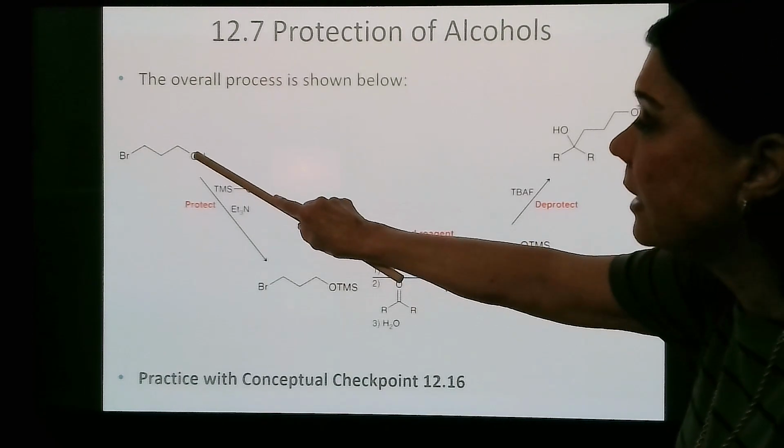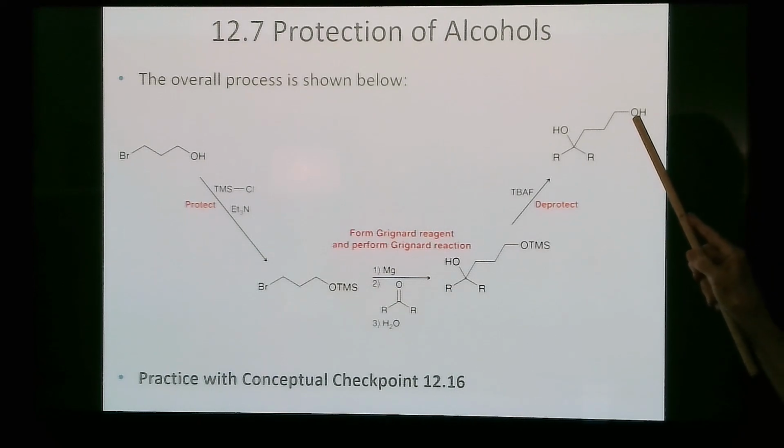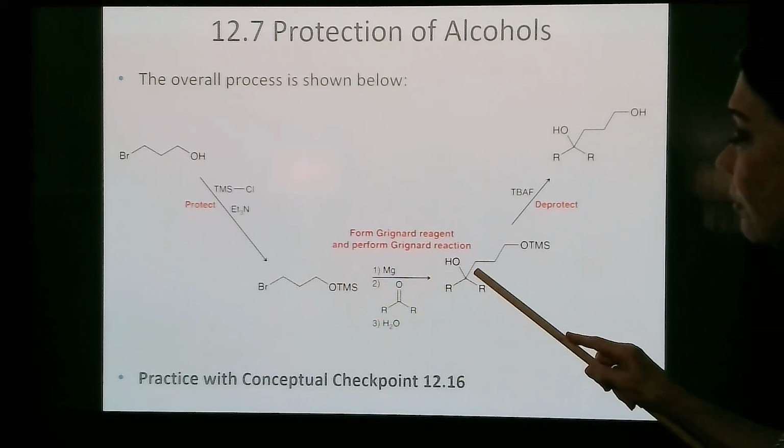So you start out protecting the alcohol functionality, then you regenerate it after you've done your chemistry on the other end of the molecule.